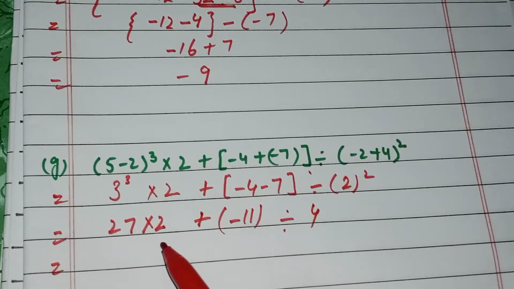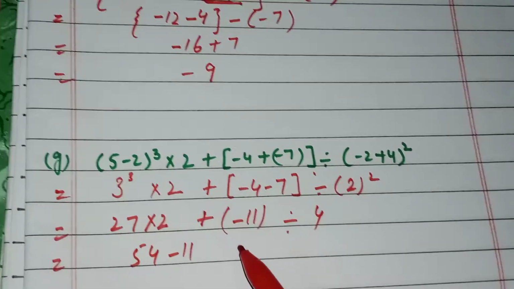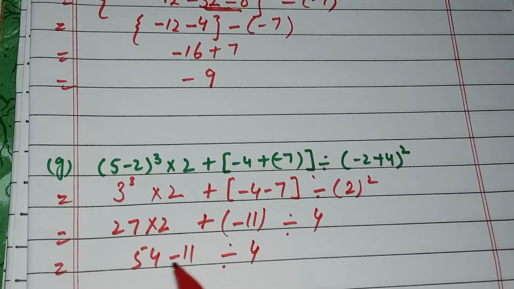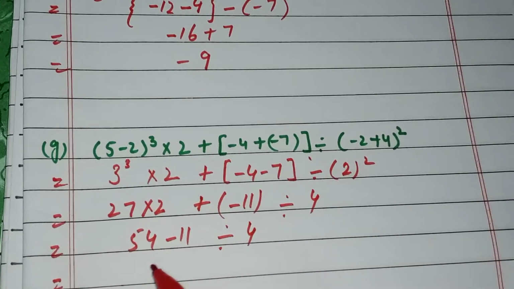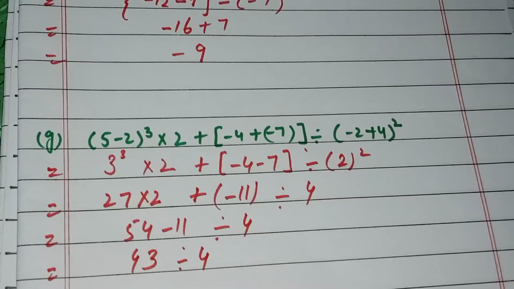Now 27 multiplied by 2 is 54 minus 11 divided by 4. When I subtract 11 from 54, I receive 43 divided by 4.